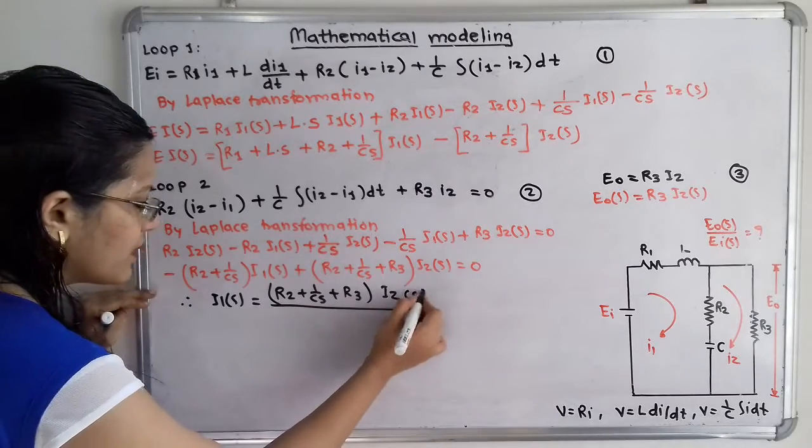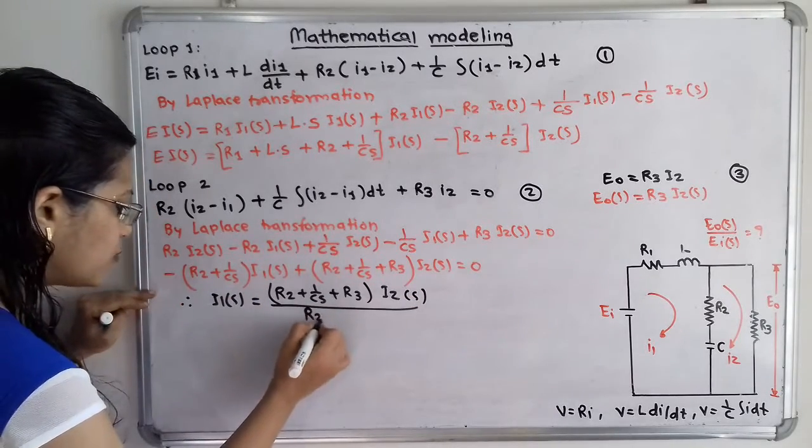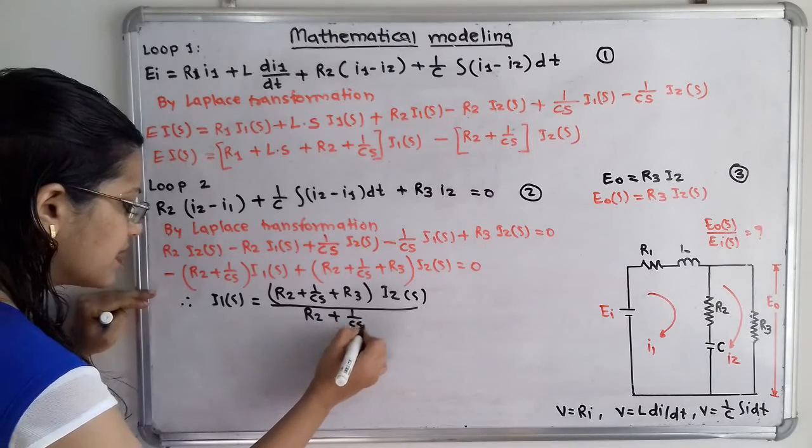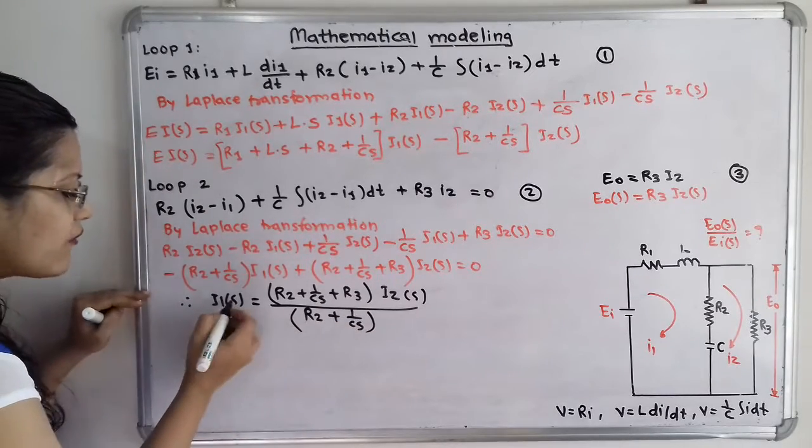Here I2 of S, and here divided by R2 plus 1 by Cs. So this is the value of I1 of S.